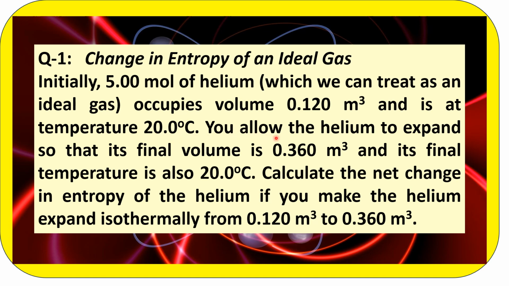You allow the helium to expand so that its final volume is 0.360 meter cube and its final temperature is also 20.0 degrees Celsius. Question is, calculate the net change in entropy of the helium if you make the helium expand isothermally from 0.120 meter cube to 0.360 meter cube.